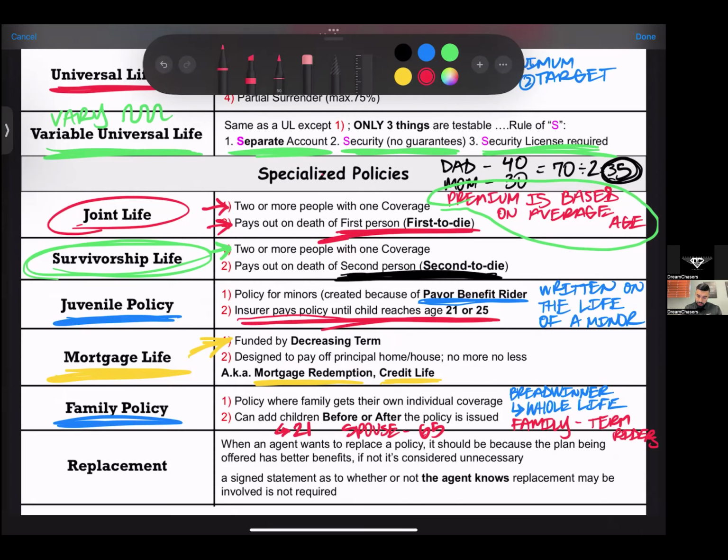Now, finishing up chapter 4 here is policy replacement. So it says when an agent wants to replace a policy, it should be because a plan offered has better benefits. If not, it's considered unnecessary.